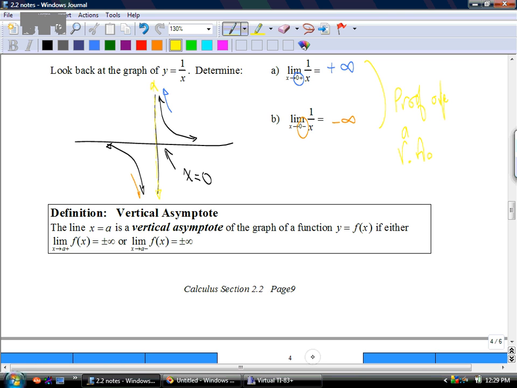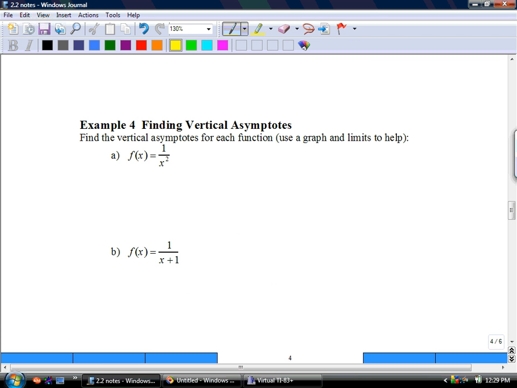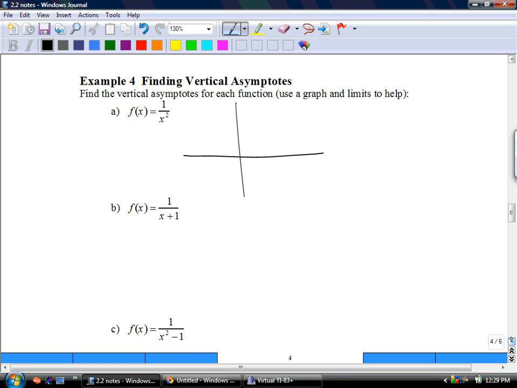Last page. Find the vertical asymptotes for each of the functions, use a graph and limits to help. Everybody graph y equals 1 over x squared on your calculator and tell me what it looks like. That's why when I teach this in grade 11, we call it a volcano function, because it kind of looks like a volcano.